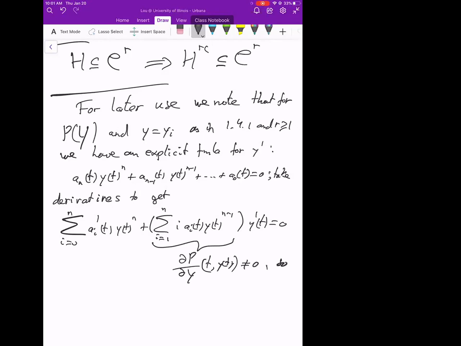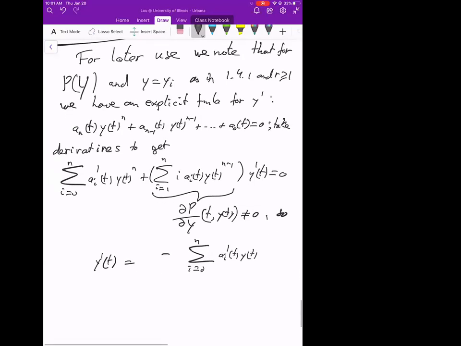So that means we have y prime(t) equals minus the summation i is 0 up to n of a_i prime(t) y(t) to the power i, divided by partial p. This is in a way a differential equation for y, right? Yeah, you can think of this as a differential equation for y.